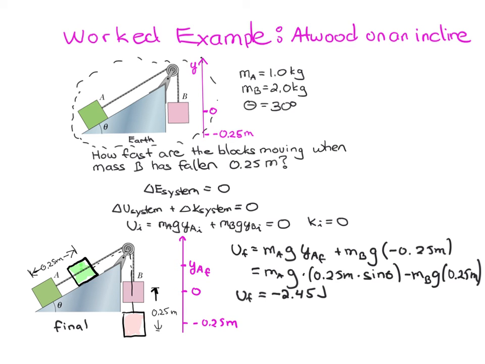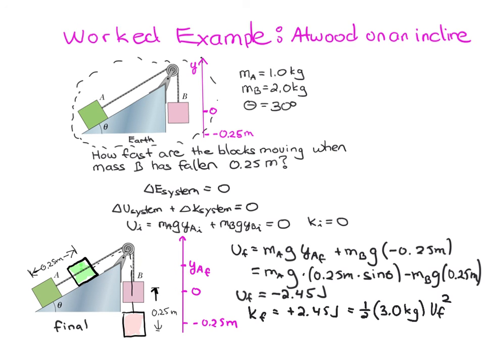That means that the kinetic energy in the final state must be equal to plus 2.45 joules, and that's equal to 1/2 times the total mass. Both mass A and mass B are moving, so there's a total mass of 3 kilograms, times the final speed squared.